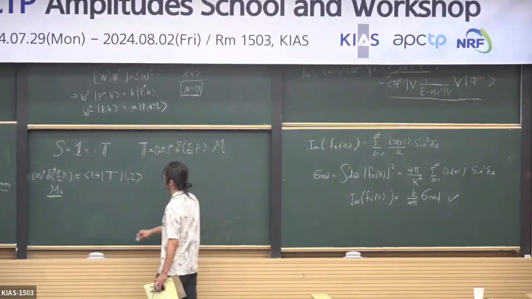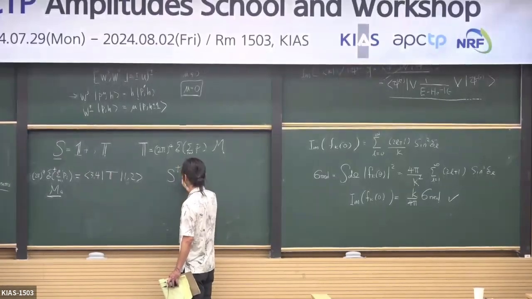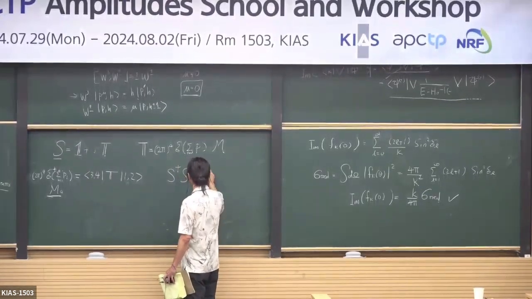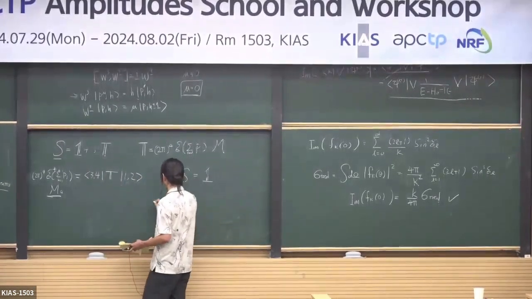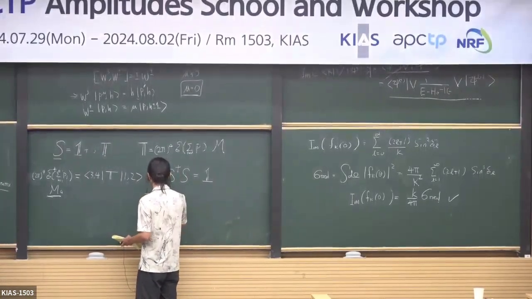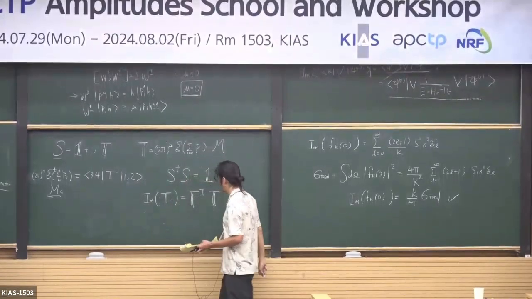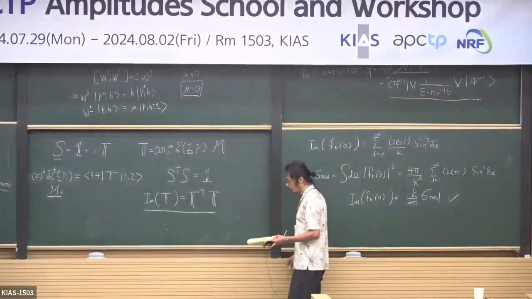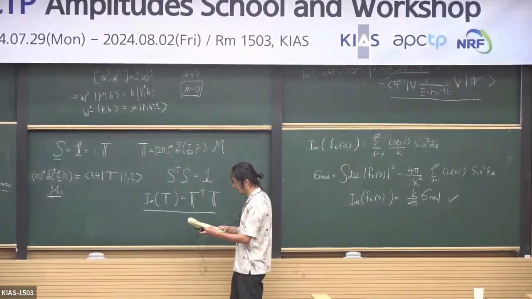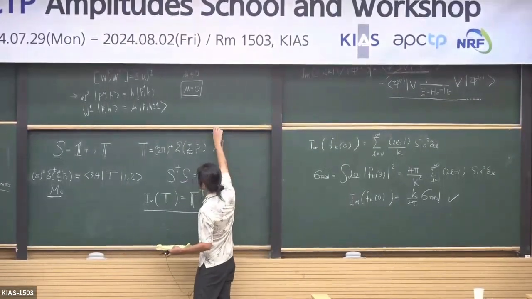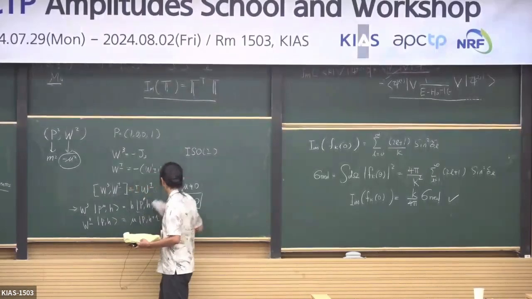Now, of course, we know that this is a physical observable, so obviously this should be a unitary operator. So we have the usual unitarity equation, which is S dagger times S has to be identity. If we substitute this in, then we immediately have that the imaginary part of T has to be equal to T dagger T. This is the source of the quantum field theory version of the optical theorem. To see that, to talk about the optical theorem we want to talk about 2-to-2 scattering.